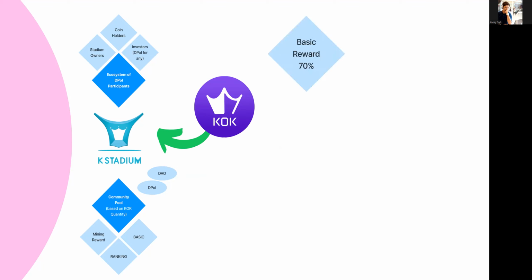And how is it distributed? First, for that day's supply, 70% is called the basic reward.